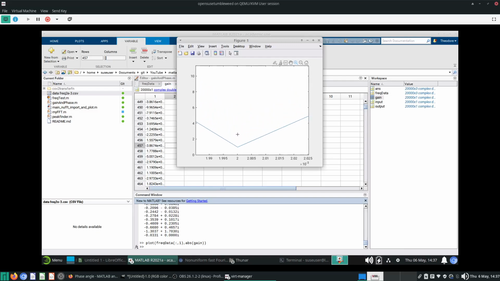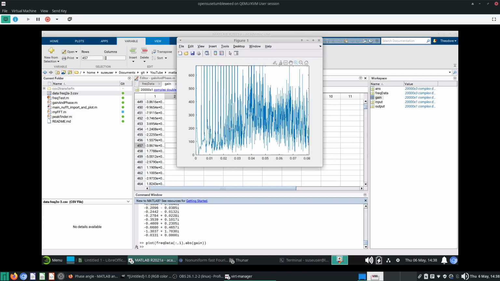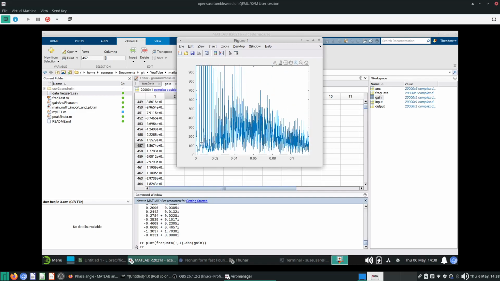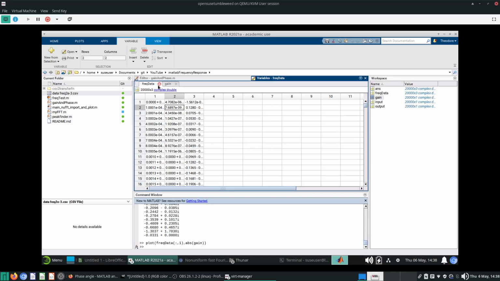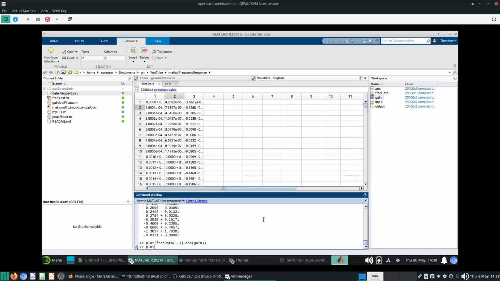Why is that so? If you take a look at the output and the input, all the rest of these are noise. Let me plot this for you.